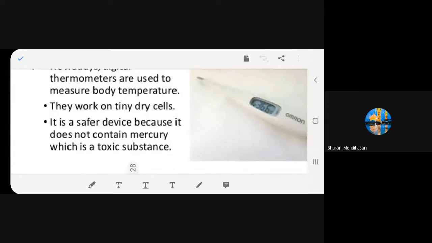Can anyone read better? Can someone read? Hello? Okay, you read then. Read properly.